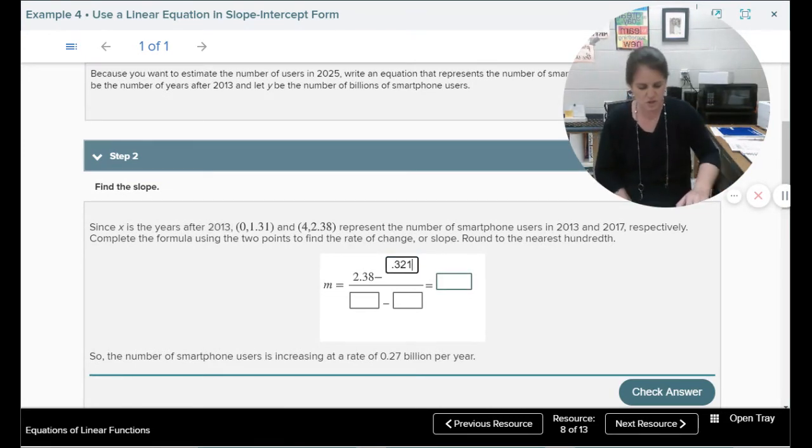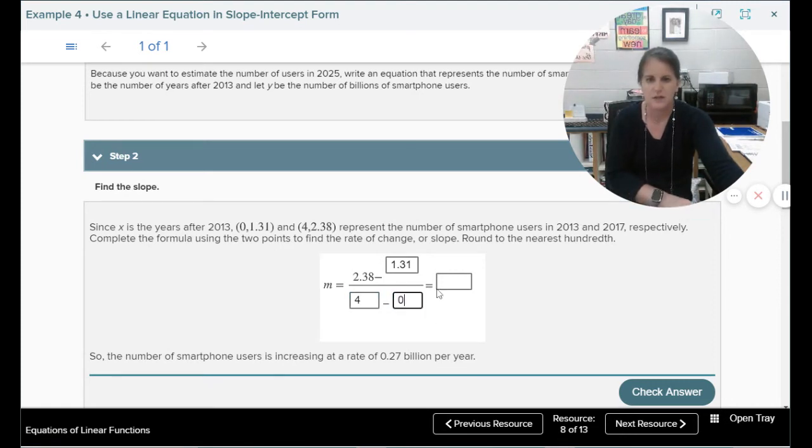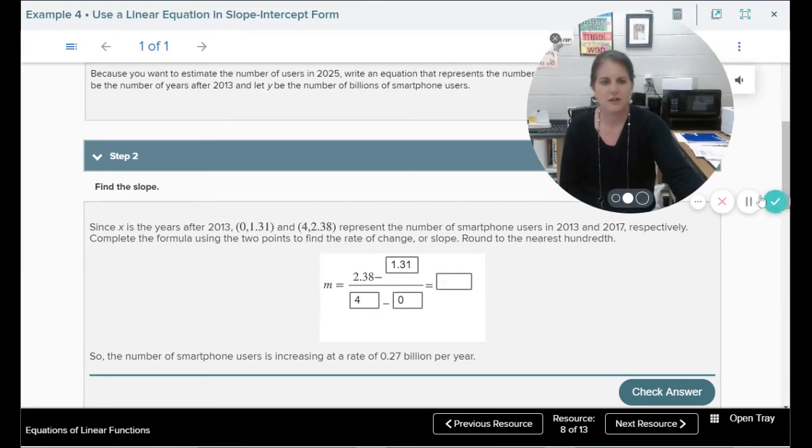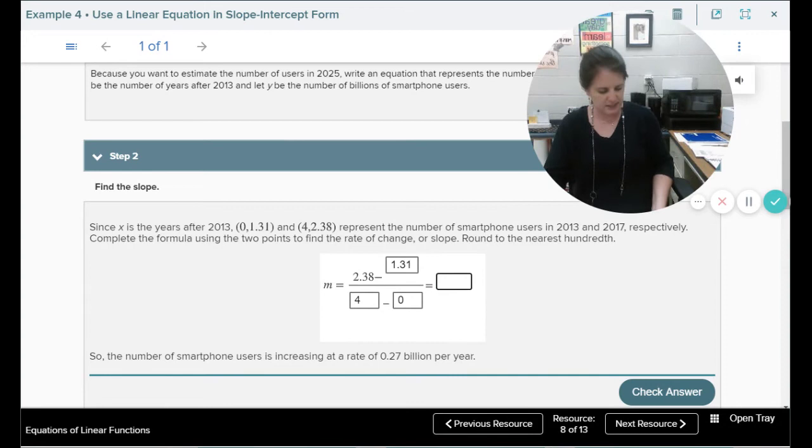This is to find our slope. Slope is y2 minus y1 over x2, so that's 4, minus x1, which is 0. All right, so what is our slope then? I'm going to have to whip out the old handy dandy calculator. Calculate that. Okay, I got 0.2675.